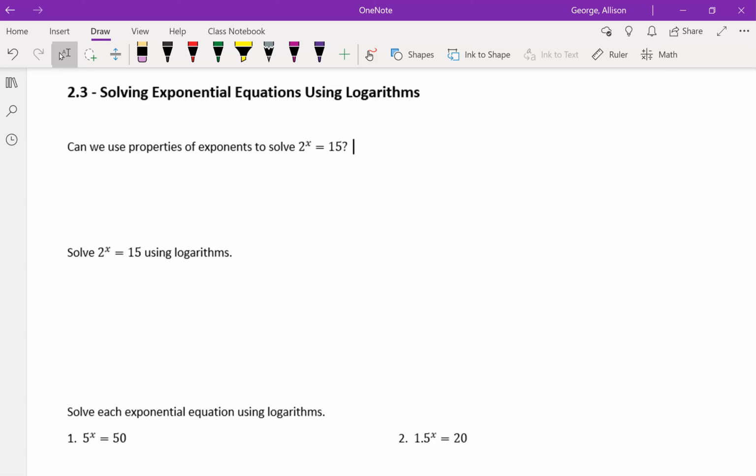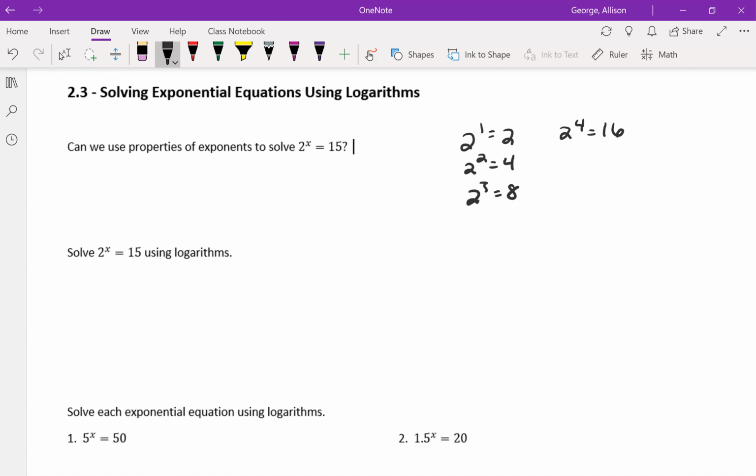So what we're asking for here is to take a look at this initial equation. Can we use the properties of exponents to solve 2 to the x equals 15? Well, all the things we've talked about with exponent rules have been when the base works. 2 to the first power gives me 2, 2 to the second gives me 4, 2 to the third gives me 8, 2 to the fourth gives me 16.